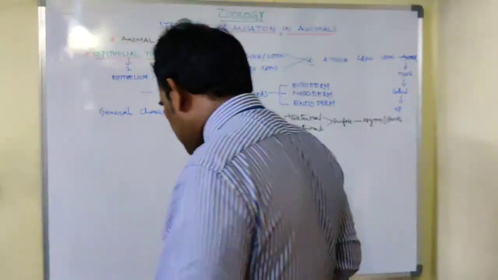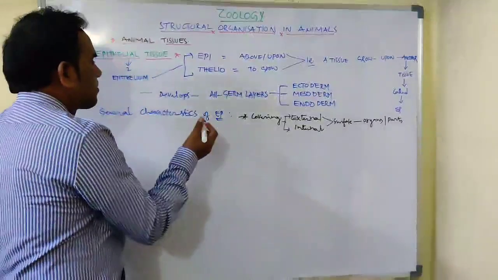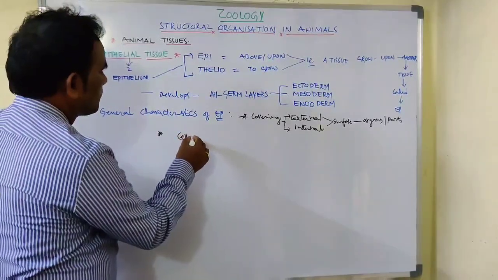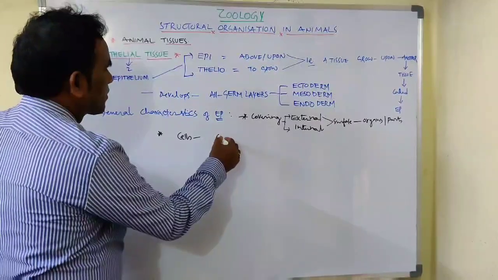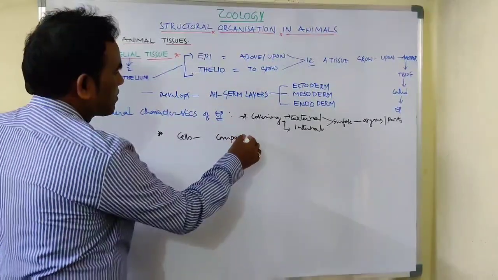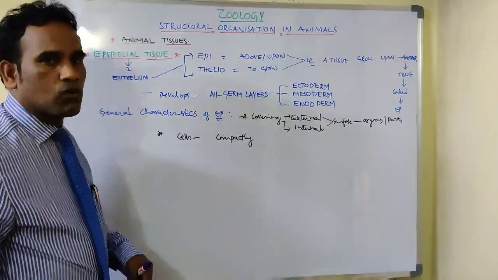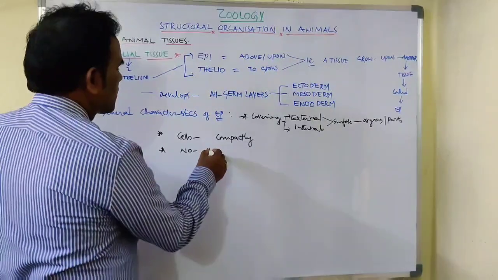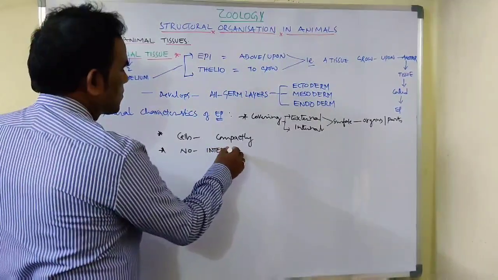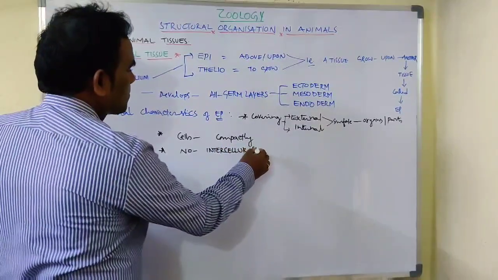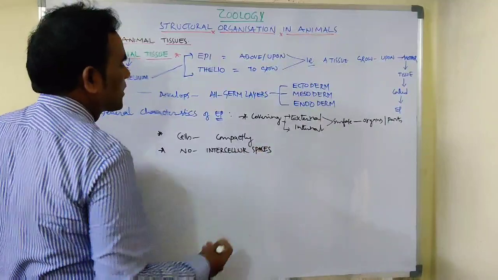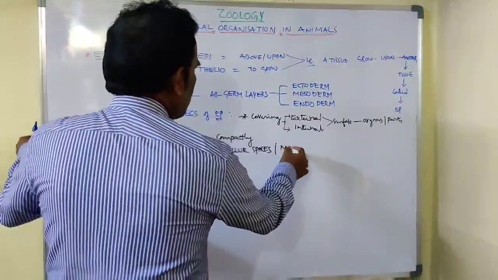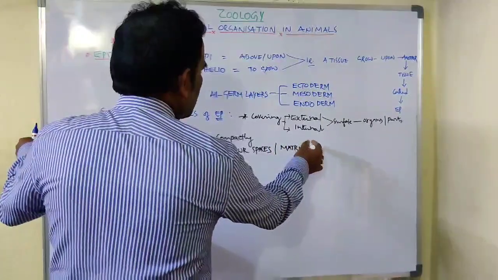Alright. Now this epithelium is compact. The cells of epithelium are arranged compactly, there is no space between cell to cell. No intercellular spaces in the matrix, between the cells.